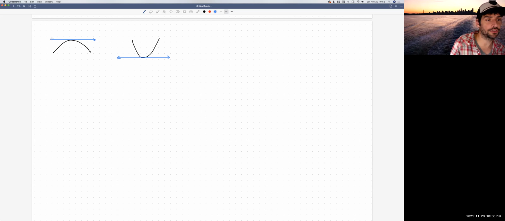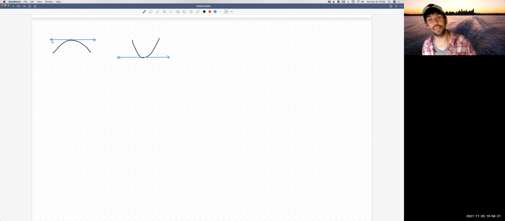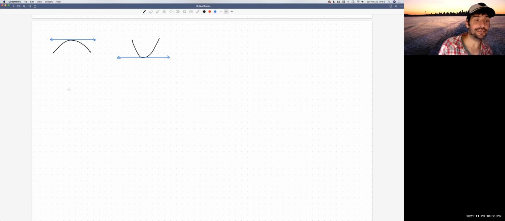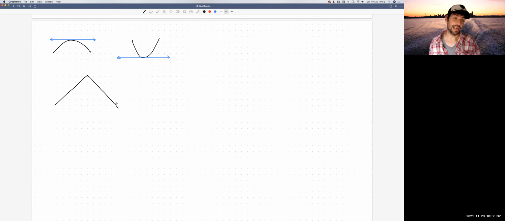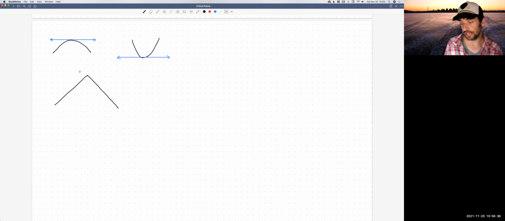This is almost true. It's, let's say, mostly true. It could also be the case that we have a situation like this. Maybe think of an absolute value function if we inverted it. It's got a maximum at this point, but there's no tangent line at that peak. In fact, the derivative doesn't exist.